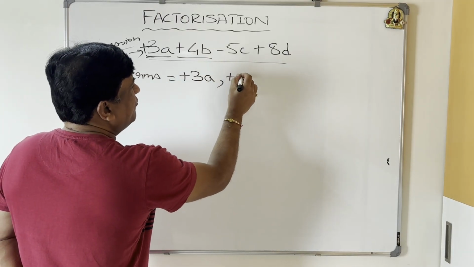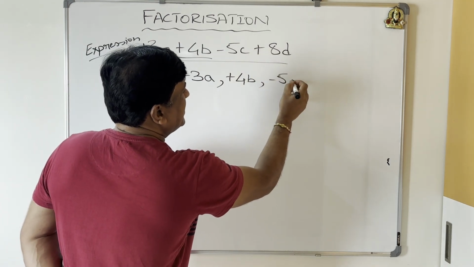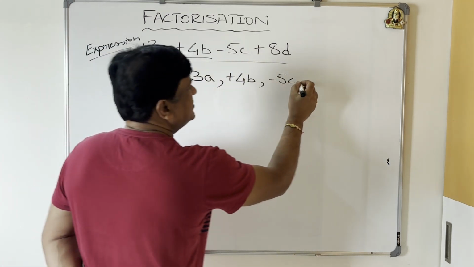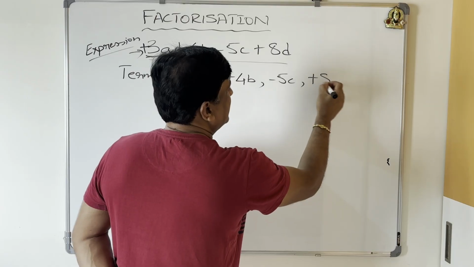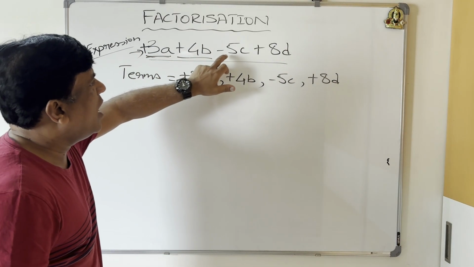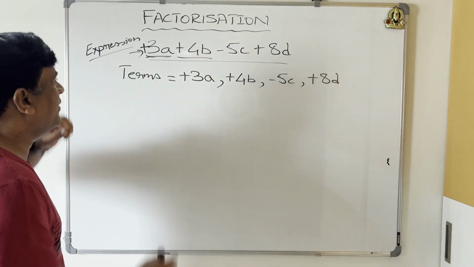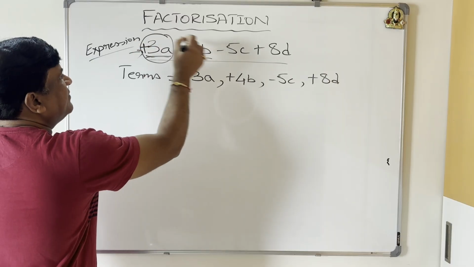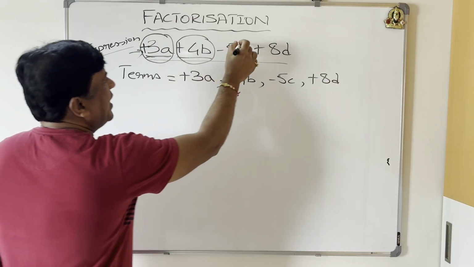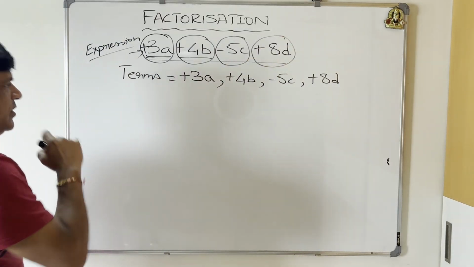It is plus 4b. What is the third term? It is minus 5c, and the last, fourth term, is plus 8d. So if it is separated by operators, these are known as individual terms. Remember that one. Understood?